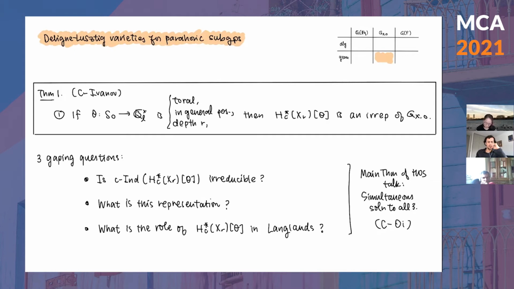In joint work with Masao Oi, we're able to resolve all three of these questions simultaneously. So the rest of the talk will be focused on describing and answering these three questions. And to begin with this, I will start talking about some Langlandsy things. So what I want to do is I want to construct some L-packets.